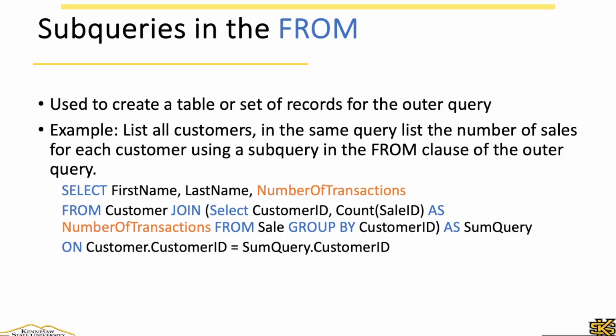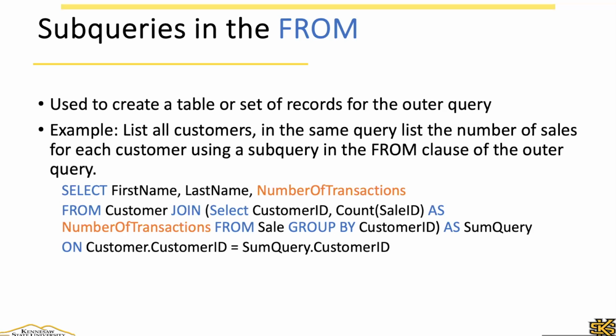So here is how the query looks. We have select first name, last name, number of transactions from the customer. Join the inner one, select customer ID, count sale ID as number of transactions from the sale group by customer ID as sum query. And on customer ID from the customer table and customer ID from the sum query.